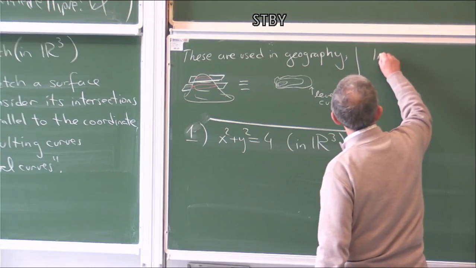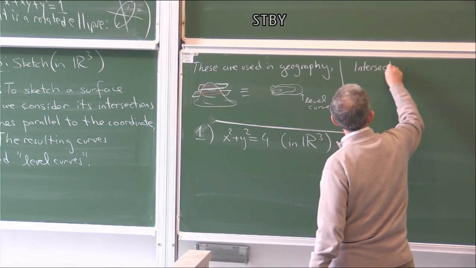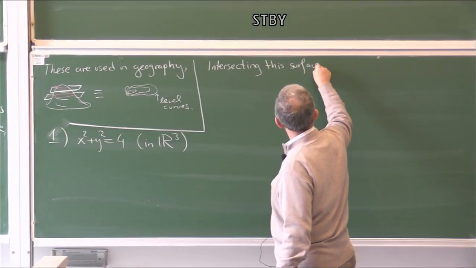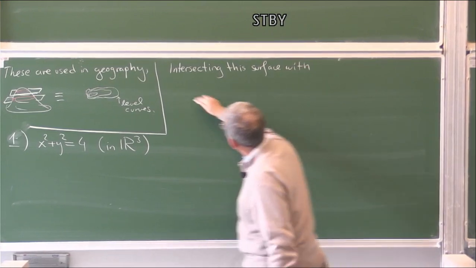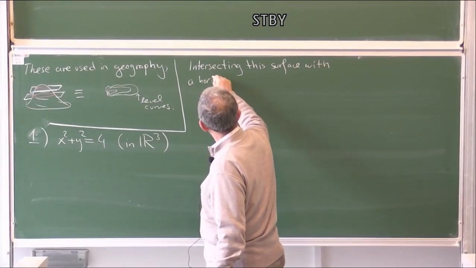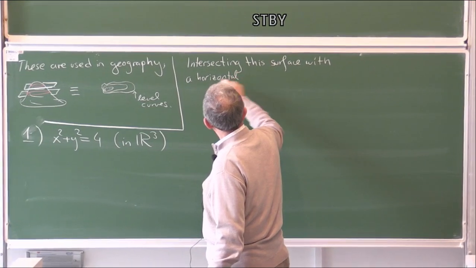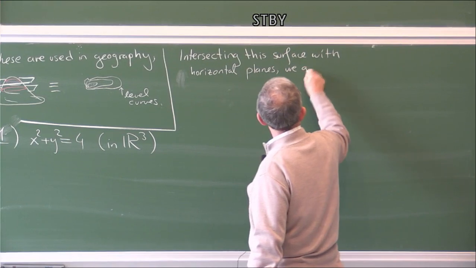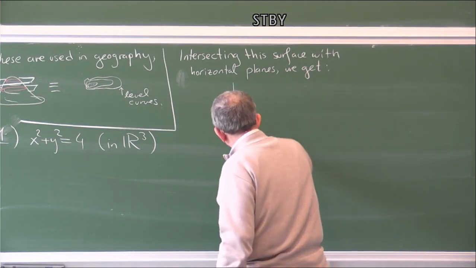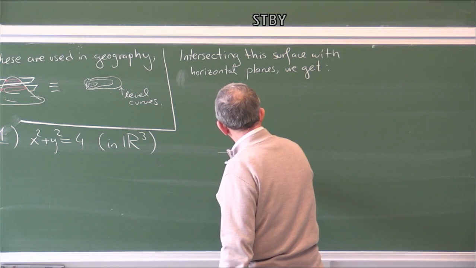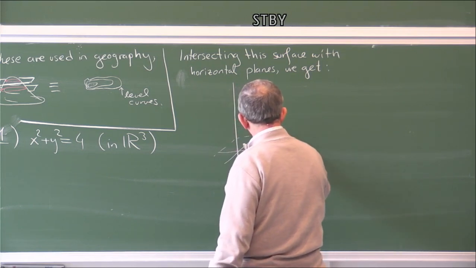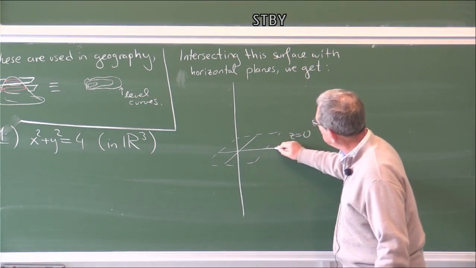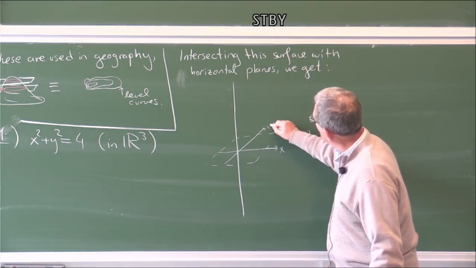So, intersecting this surface with a horizontal plane, or rather horizontal planes, we get the following. Now, this is the z-axis. This is, say, the level z equals 0, namely the standard x, y plane.